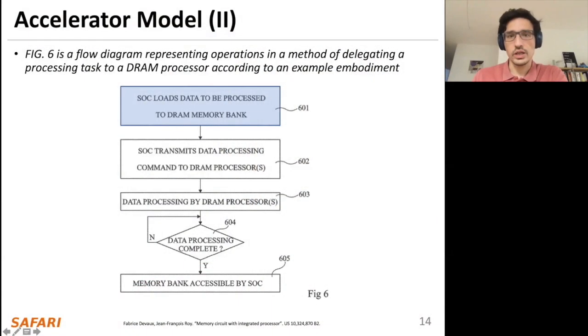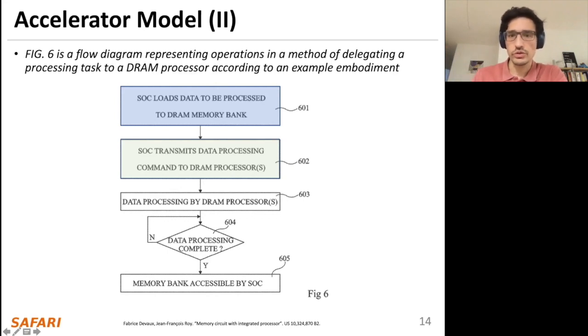Let me very quickly share my screen again. Not sure if you can see it. Yeah, I can see it. Okay, good. So as you see, the SoC can access the MRAM bank as if it was conventional DRAM, and at some point transmit the command to the DRAM processors.